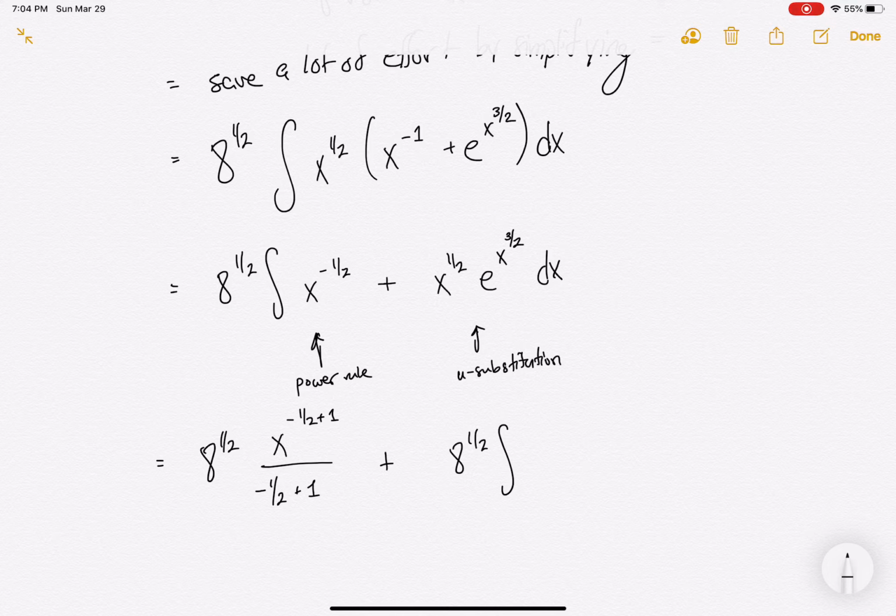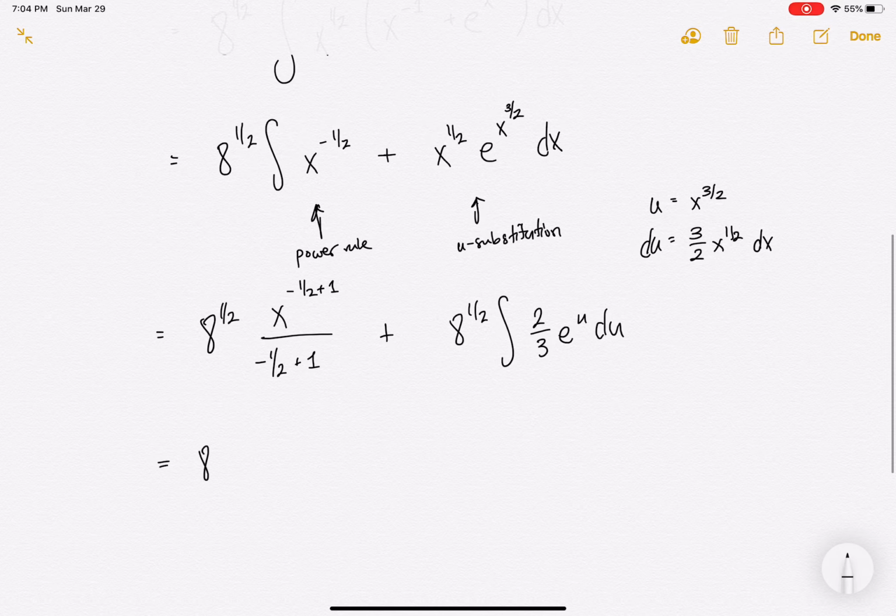I'm going to use u substitution with u equals x to the 3/2. So then du is going to be 3/2 x to the 1/2 dx. And I can rewrite that as 2/3 du is x to the 1/2 dx. So this is really 2/3 e to the u du.